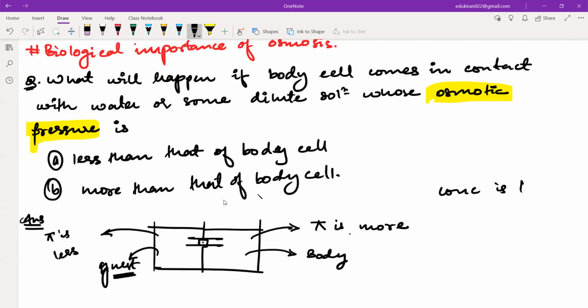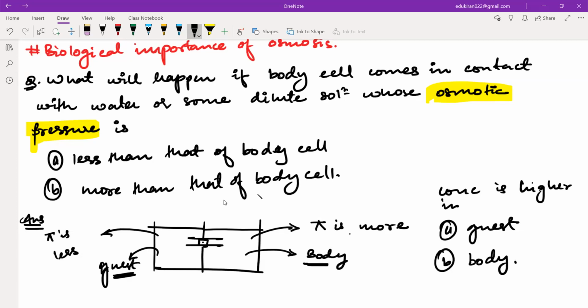Concentration of solute is higher where, in the guest or in the body? Body. It will be higher in the body. So concentration is higher here and lower here.